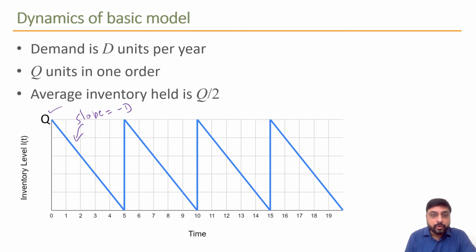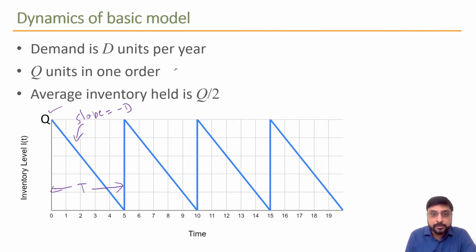Now there is Q units in each order. So this represents one order cycle T. So in one order cycle, we are going to have Q units.